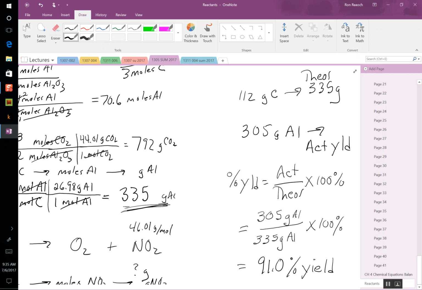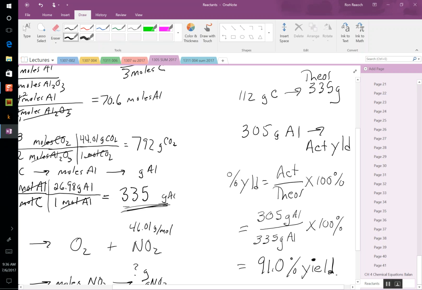So Alcoa does try to up their yield. The higher the percent actual yield, the less waste, less stuff you're throwing away, the less raw materials you're buying and just wasting. So you're able to do things more efficiently.